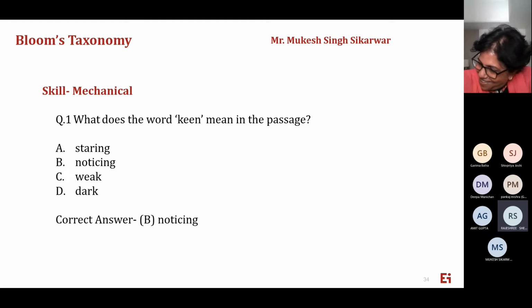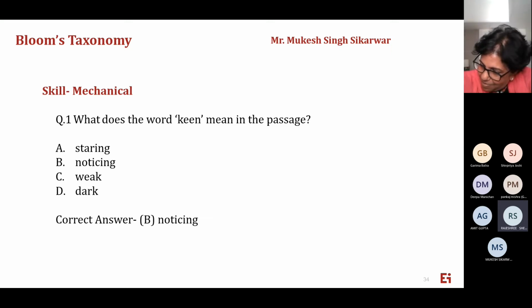I would also go with Amit sir, Joshi sir, and Pankaj sir that we should tag this question to understanding skill, because as you have asked in the question itself, what does the word keen mean in the passage? As ma'am also said, we can use the passage as a context.